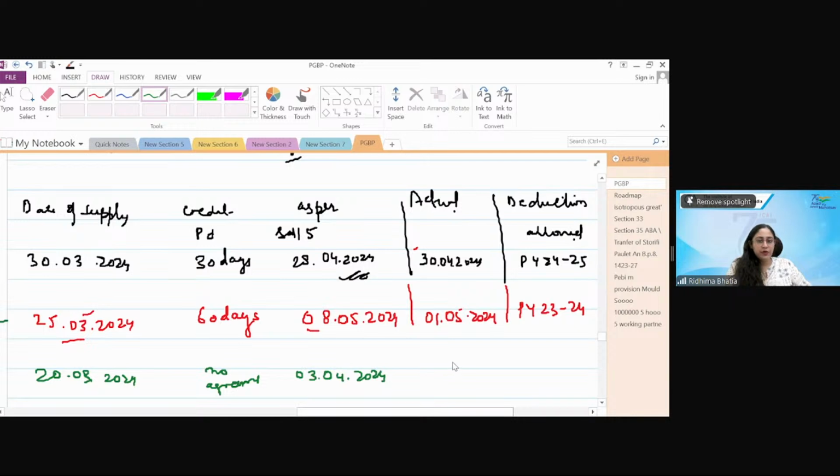You made the actual payment, sadly, on 4th April or 4th May 2024. You missed the deadlines. So which year's expenditure will this become? Previous year 24-25. So hence it would be disallowed in this case. And if there is an advance payment, then there is no issue, since you have already paid; it will be allowed on accrual basis.